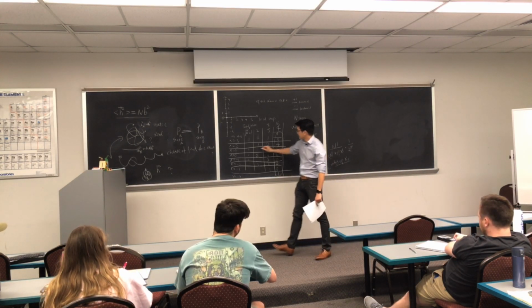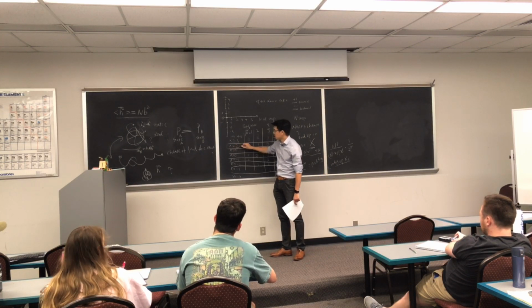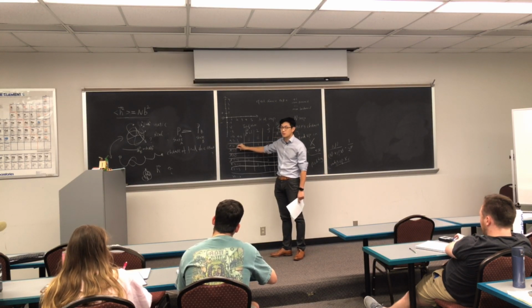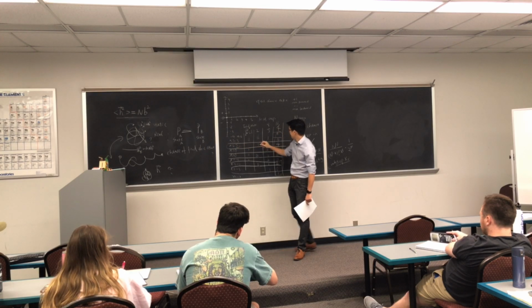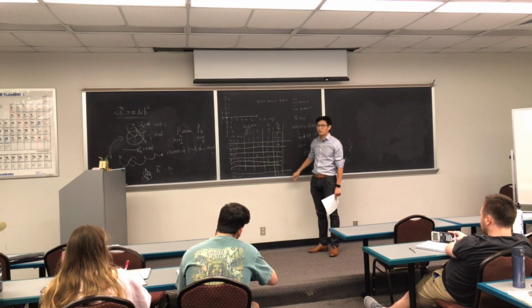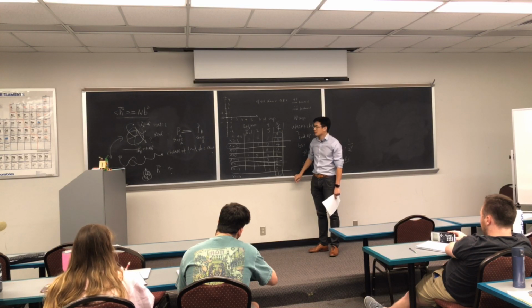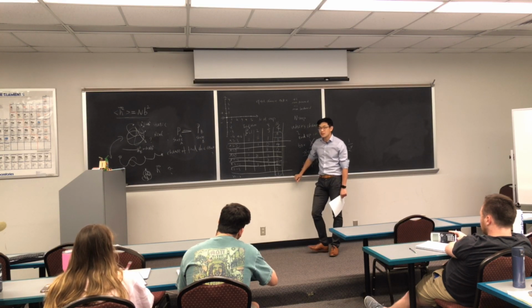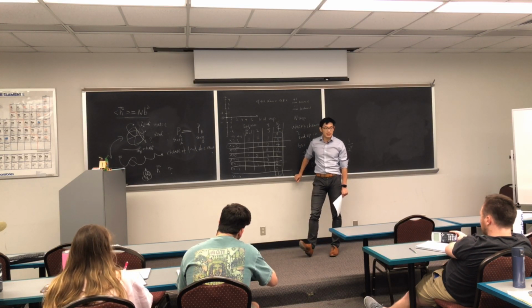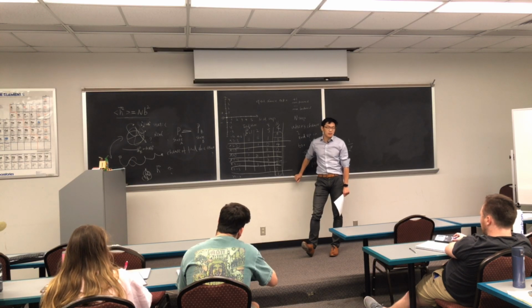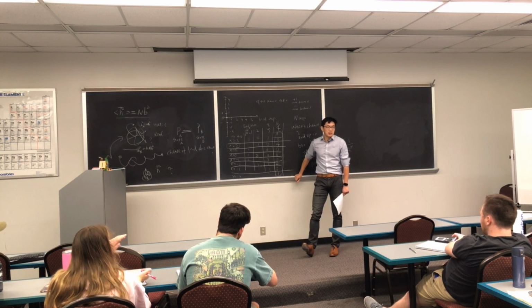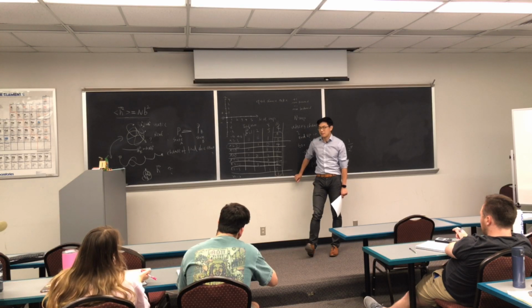If I want to end up at x equals 2, and we have a total number of 4 steps, as long as I take 3 steps forward and 1 step backward, it's always going to be 2, no matter when I take that backward step.